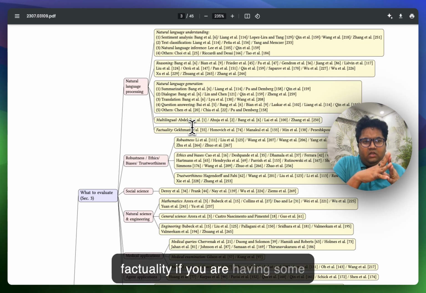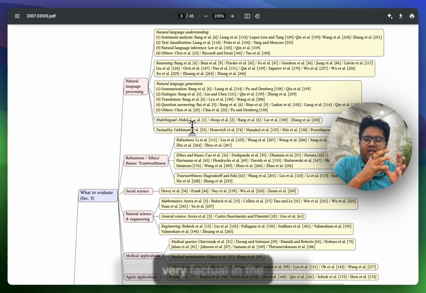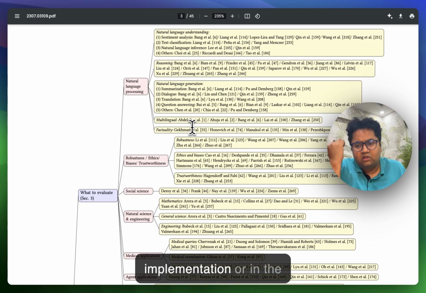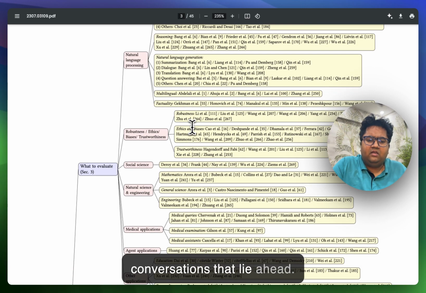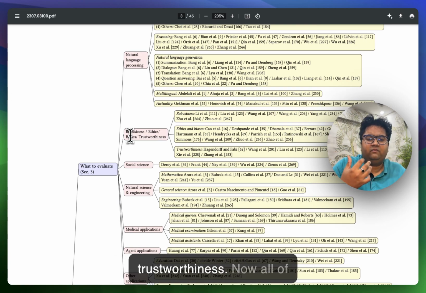And lastly, you would probably also get deep into factuality. If you have some sort of a domain specific use case, you might want to be very, very factual in the implementation or in the conversations that lie ahead. The second part could be robustness, ethics, fairness, and trustworthiness.